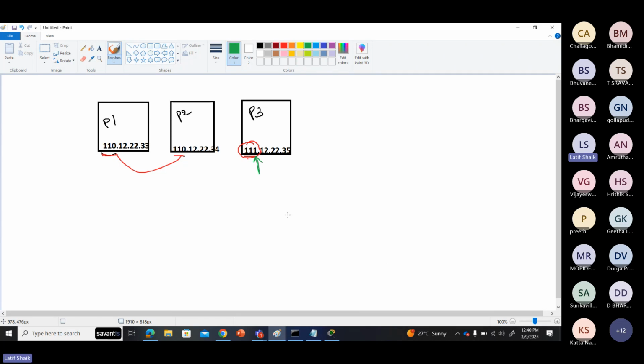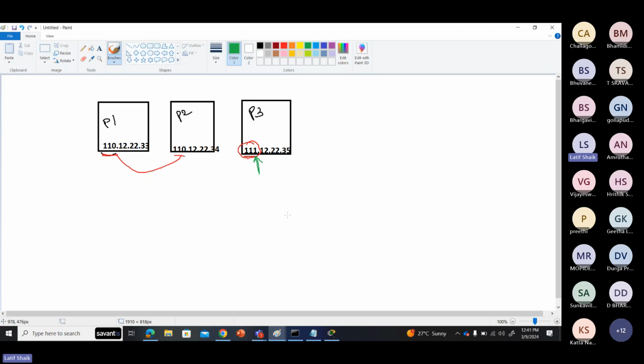If two systems are not communicating, one cause is a connection issue, the second is the IP address. In the IP address, check whether the network portion is the same or not. If both are in the same segment but have different network portions, you have to ask why the network is different. You entered it manually.